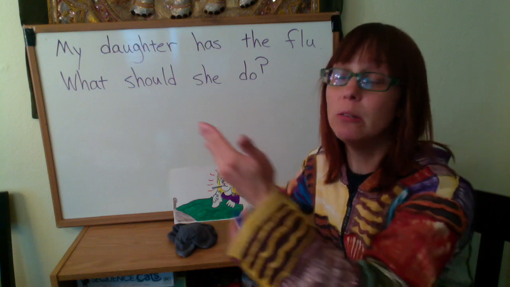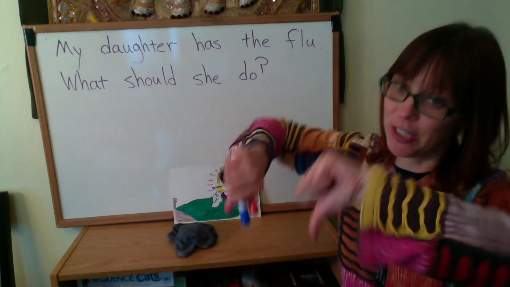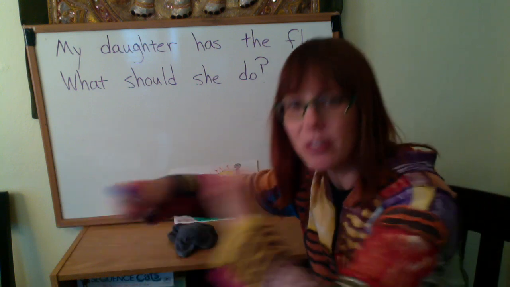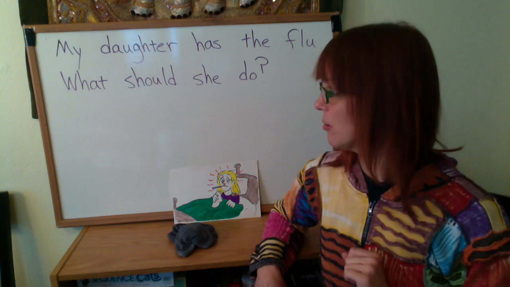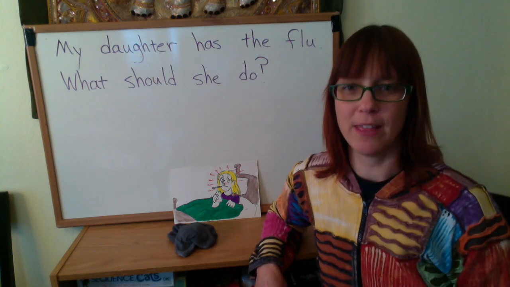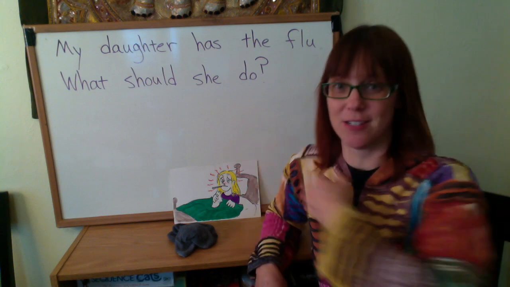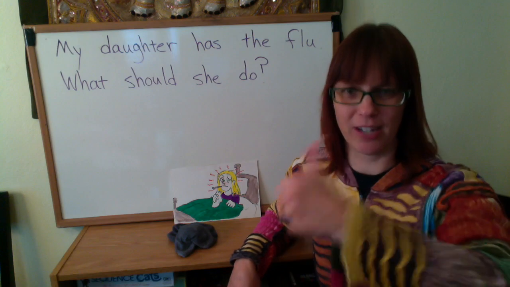She should, blah, blah. She shouldn't, blah, blah. So take a moment and write 2 sentences, affirmative and negative. And then I will show you my sentences and you can see if you are correct.